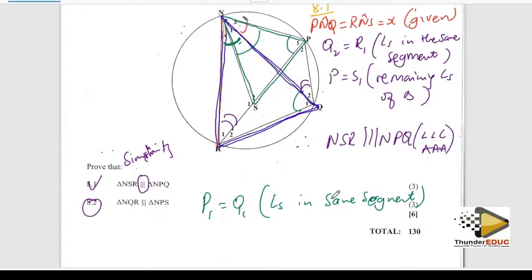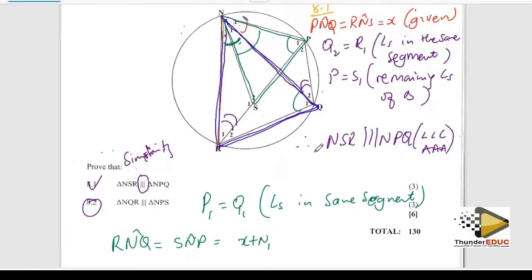So I'm going to say that angle RNQ is the same as angle SNP, because both of them have X plus N1. You can say given, no problem, because it's already there in the drawing.